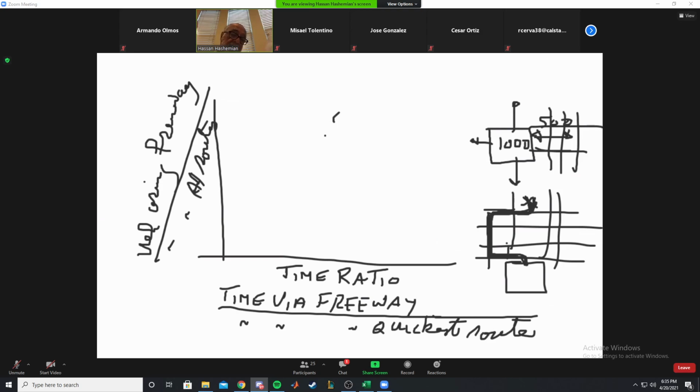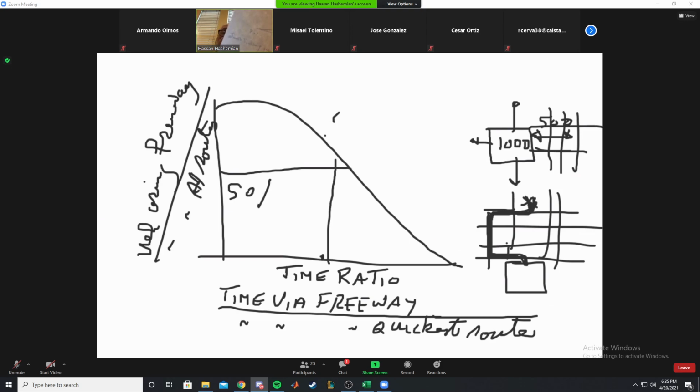This is your y-axis. So there is a curve such as this. And if the time ratio is equal to 1, that means 50% of the people are using the freeway.